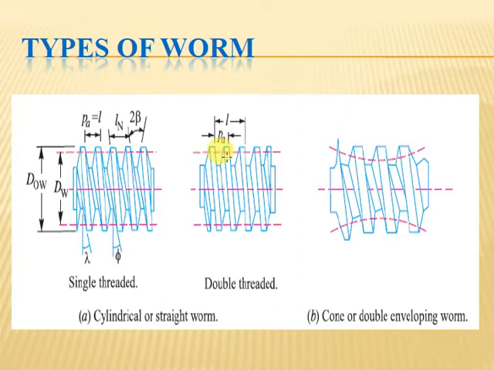It is known as a single enveloping worm. And the other is known as a double enveloping worm, and it has a conical or concave shape.